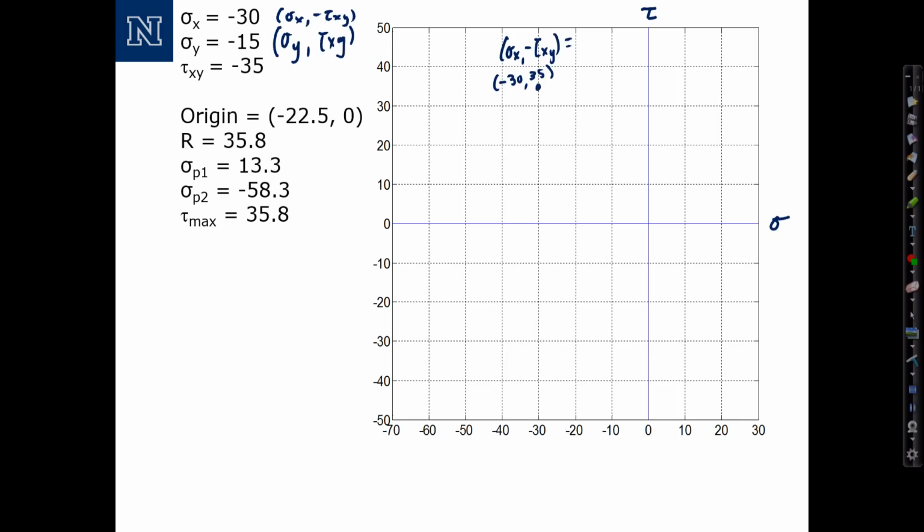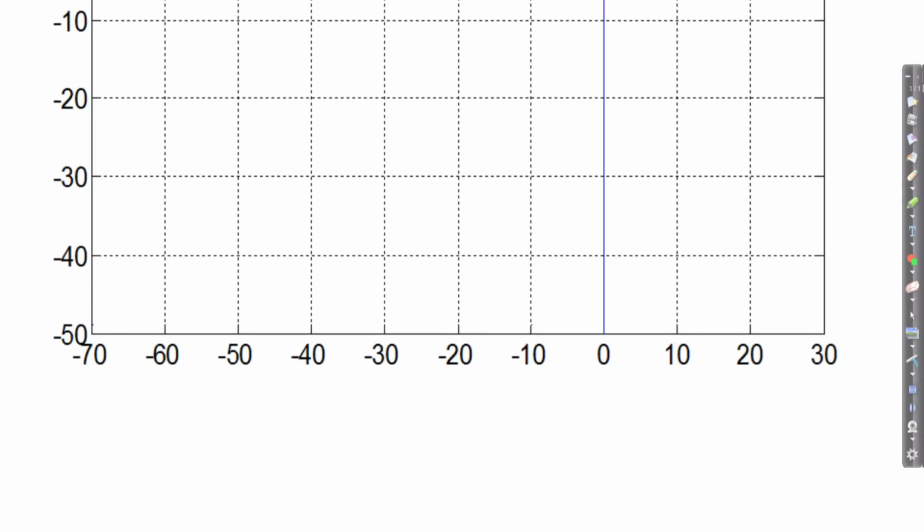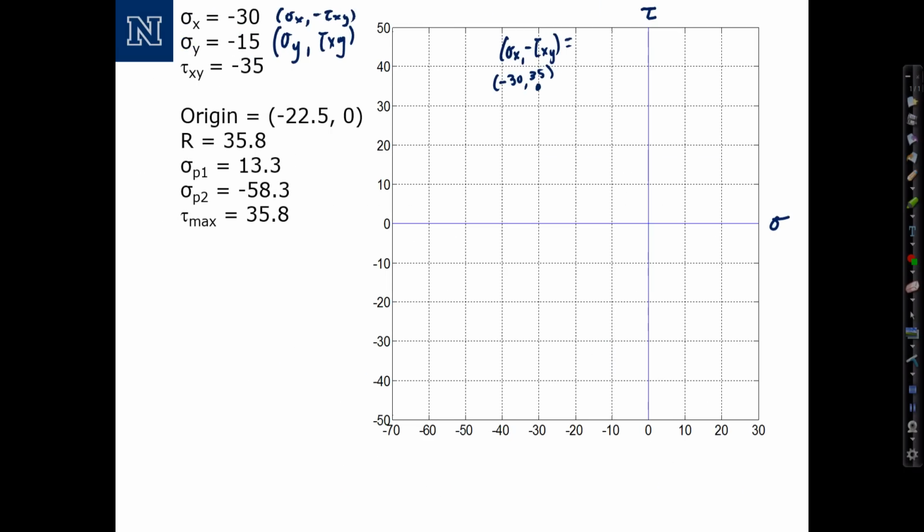For the second point, sigma y, tau xy, I'm going to come over negative 15, and then tau xy down negative 35. So my second point is located right there. That one is sigma y, tau xy, or negative 15, negative 35.